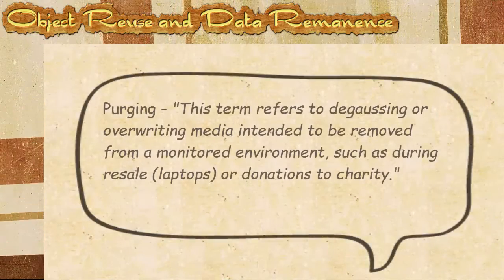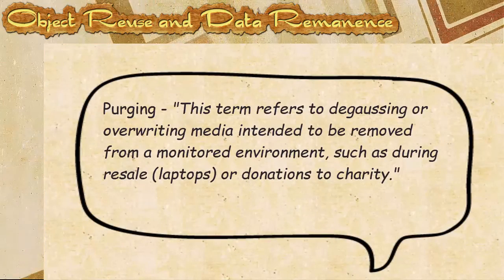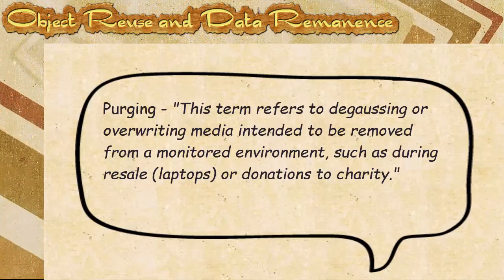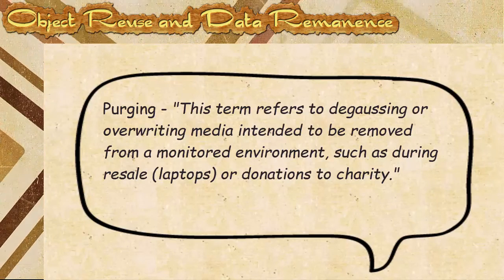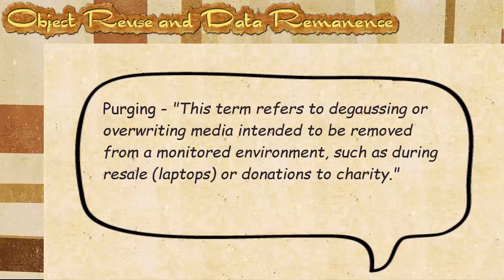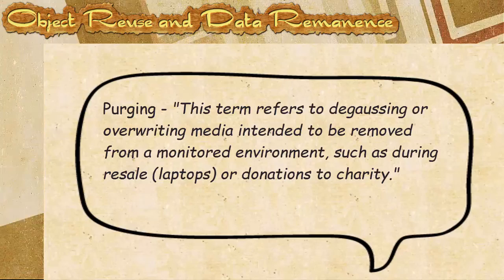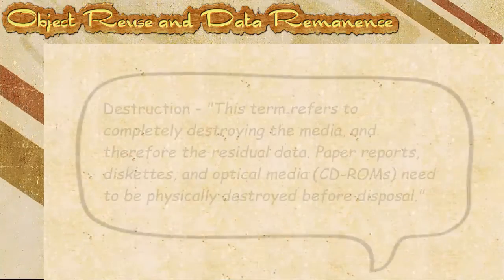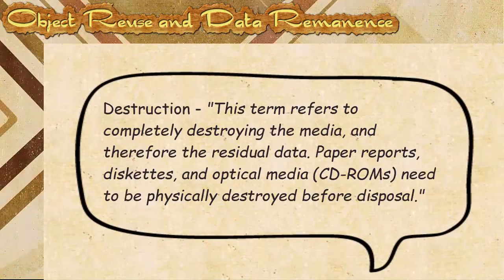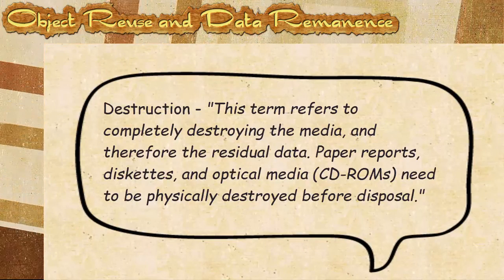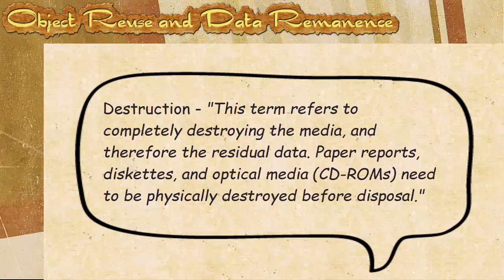Purging refers to degaussing, which is removing the magnetic field, or overwriting media intended to be removed from a monitored environment, such as during resale or donation to charity. And the last term, destruction, refers to completely destroying the media and therefore the residual data.